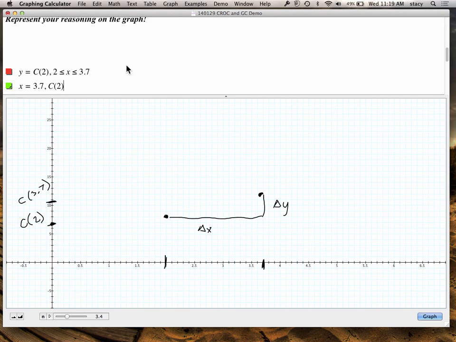So I need for C of 2 to be less than or equal to y to be less than or equal to C of 3.7. Do we think it's going to work? Are we ready? Ready, set, go.